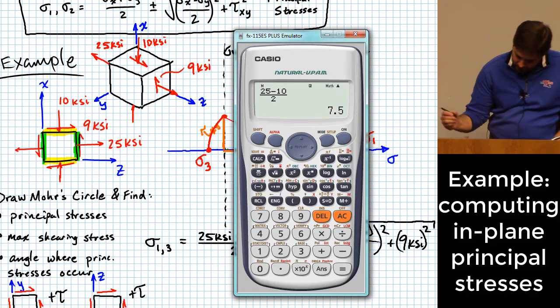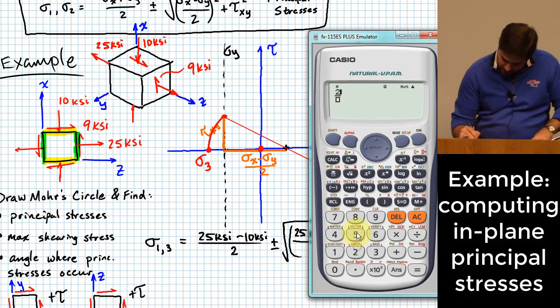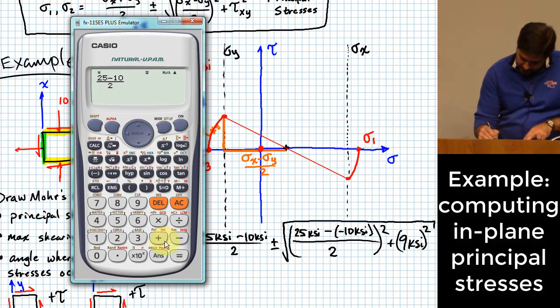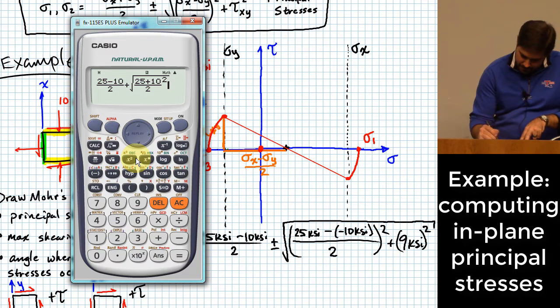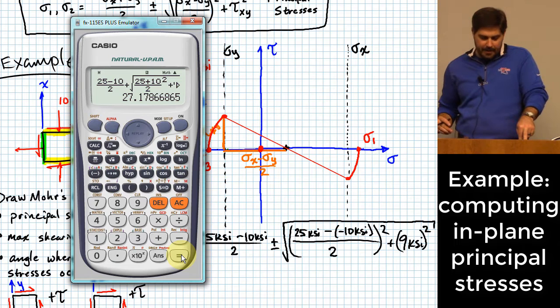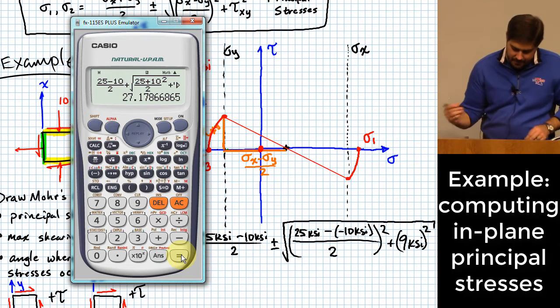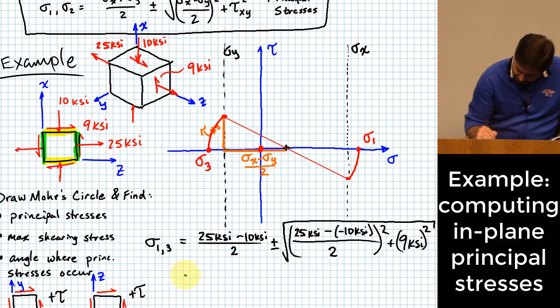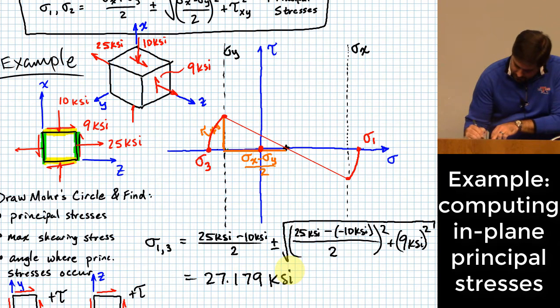Okay, so go ahead and plug these in here. 25 minus 10 over 2 plus square root of 25 plus 10 over 2 squared plus 9 squared. Okay, so I end up at 27.179 KSI.